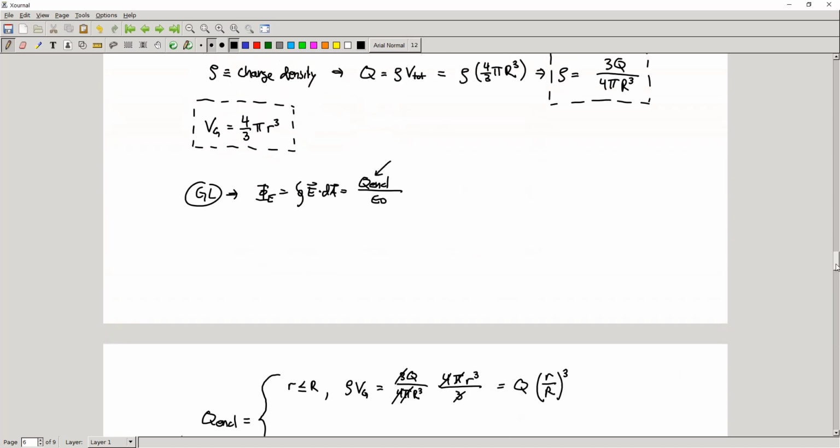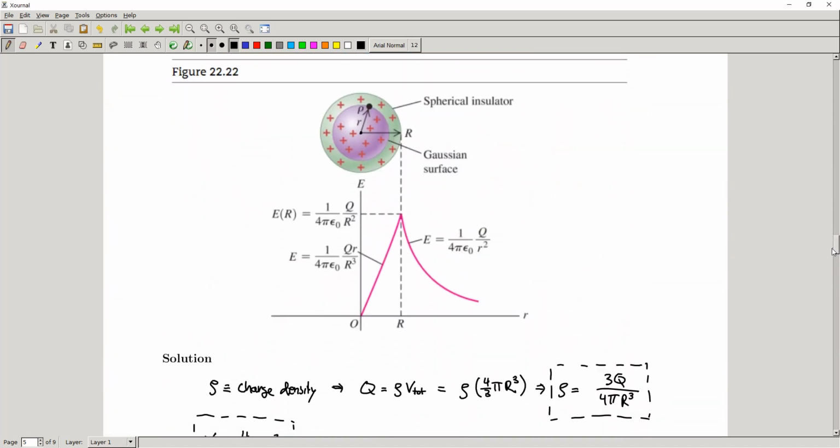If we go back up to the nice drawing that they provided for us, that's exactly what we see here. For the radius of our Gaussian surface, as small r approaches big R, we get this increase that looks like this, until our Gaussian surface hits the surface of the insulator.